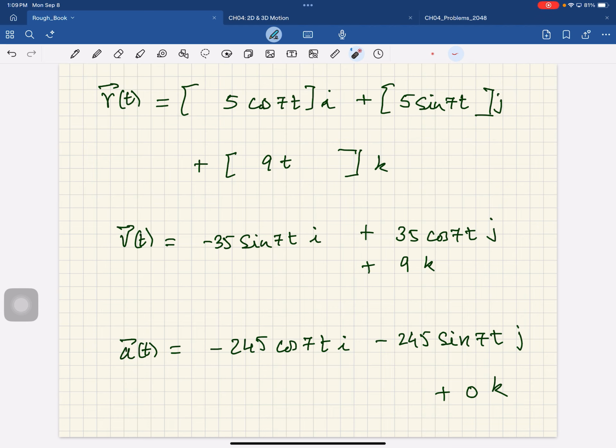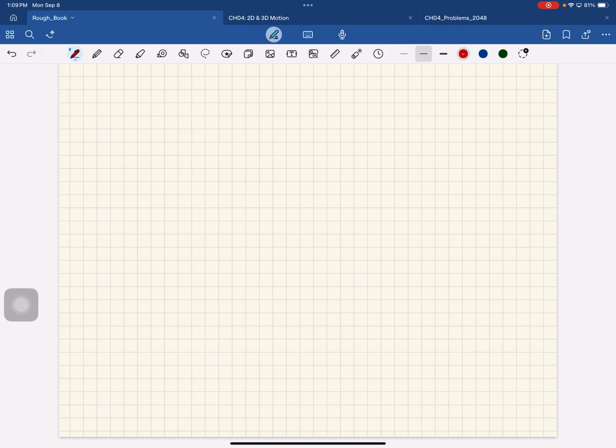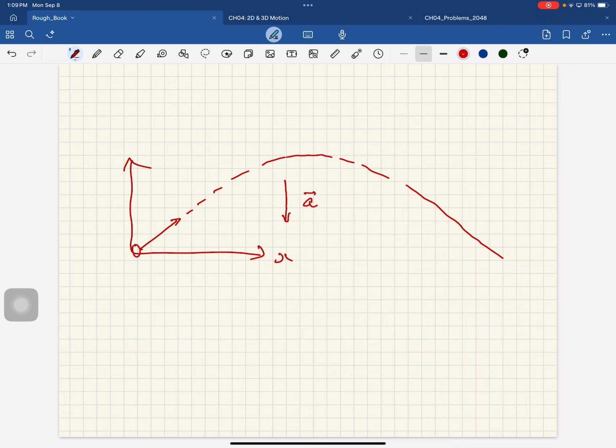Why is that? You encounter this two-dimensional motion quite a bit. For instance, when you throw a ball, we'll consider motion where the only force acting on the object is the force of gravity. So the acceleration will be in this direction, and the object will move in the xy plane, or you can do the yz plane or whatever.